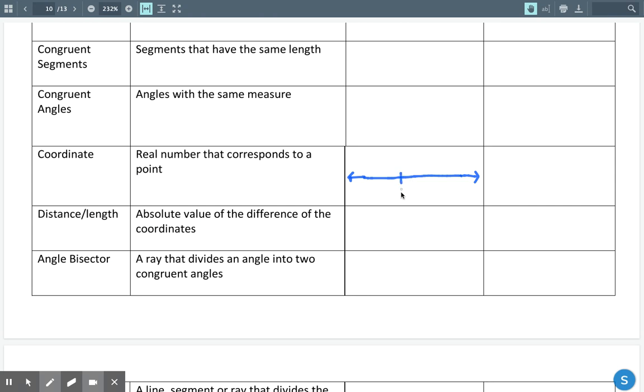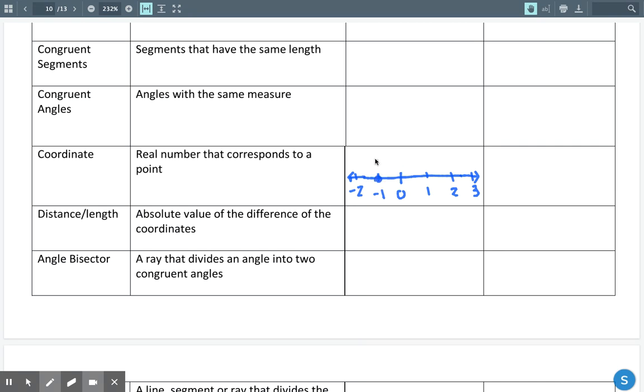And let's just call this 0, 1, 2, 3, and so on. And then this direction will have negatives, so -1, -2. Okay, so if I have a point, I need a point, so let's do a point here.